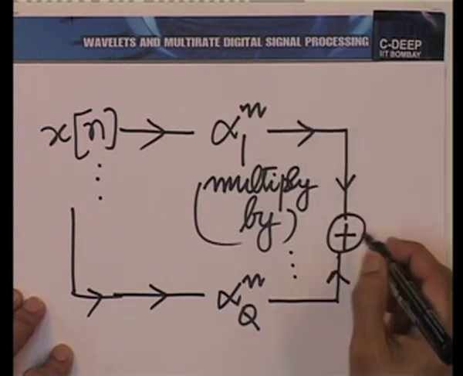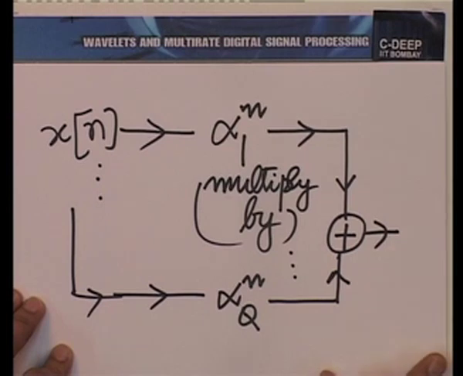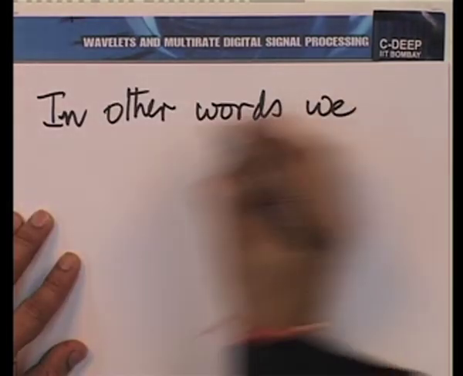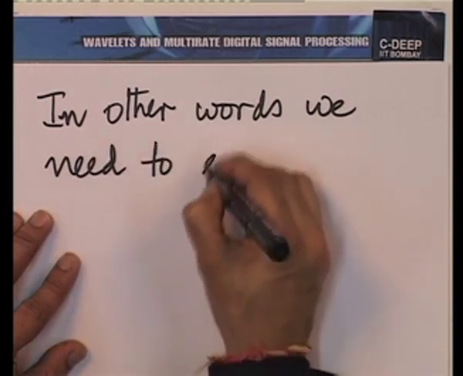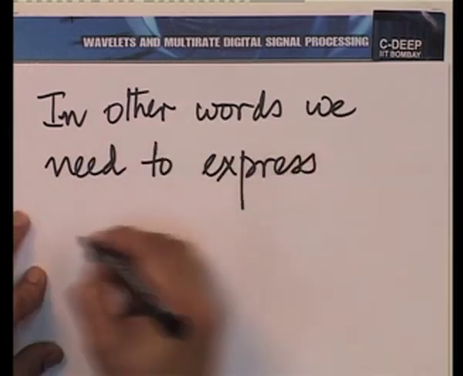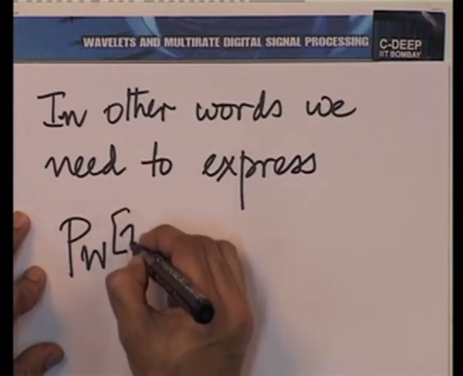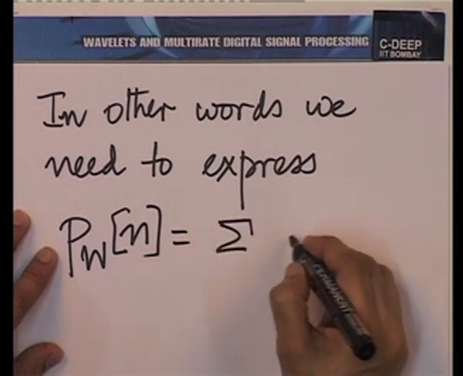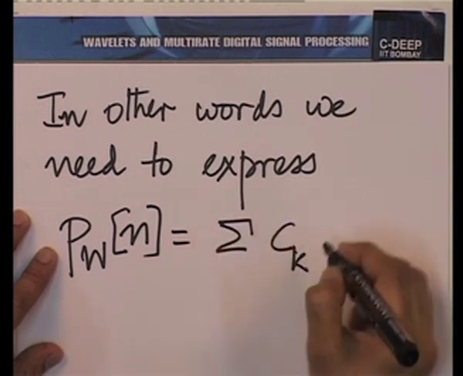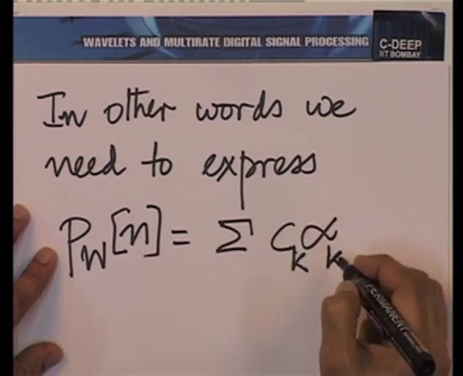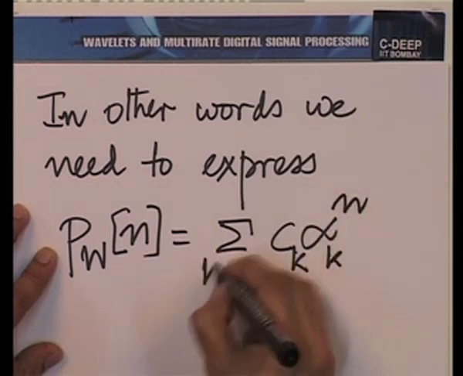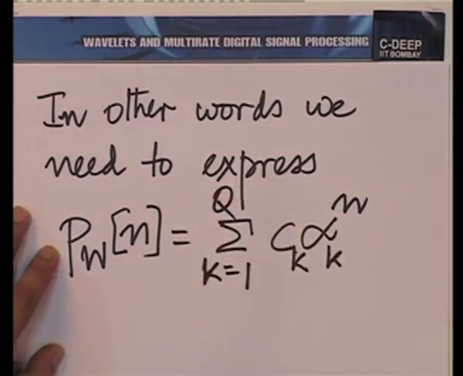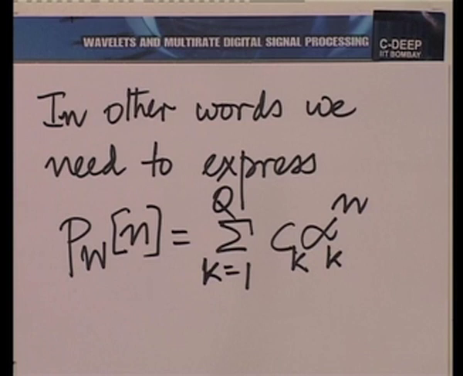So, the other way of saying it is we need to express PWN as a linear combination, let us say, C k times alpha k to the power n, k going from let us say 1 to q. Now, this is not at all difficult to do.